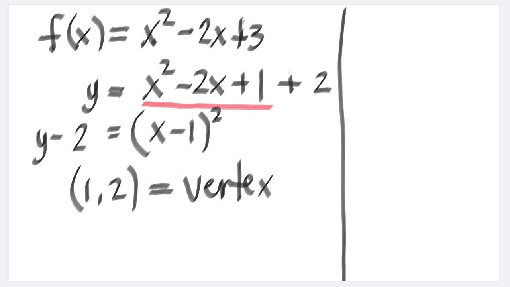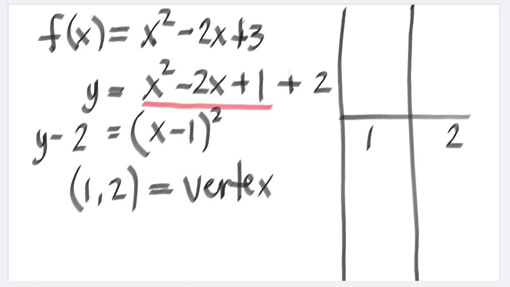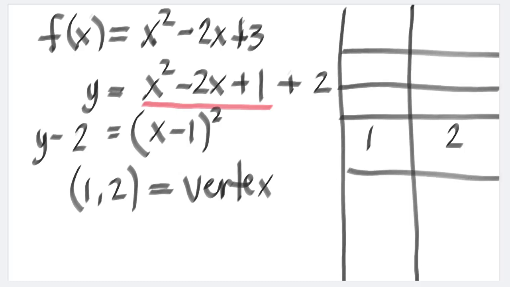So we'll have to generate coordinates of this function x squared minus 2x plus 3. We will have the vertex 1 and 2 as our benchmark point, and I'll just have at least 5 points including 1. So 1, 2, 0 and negative 1, 1, 2 and 3.